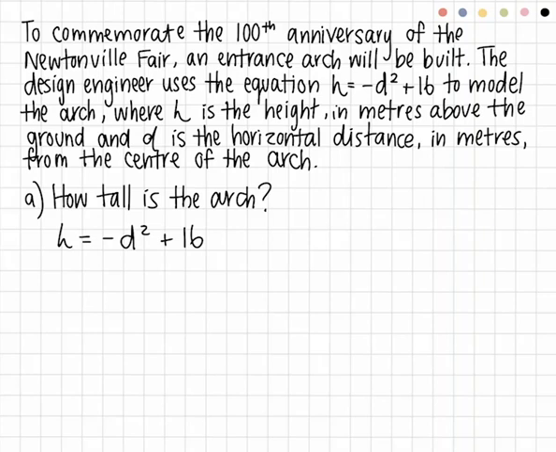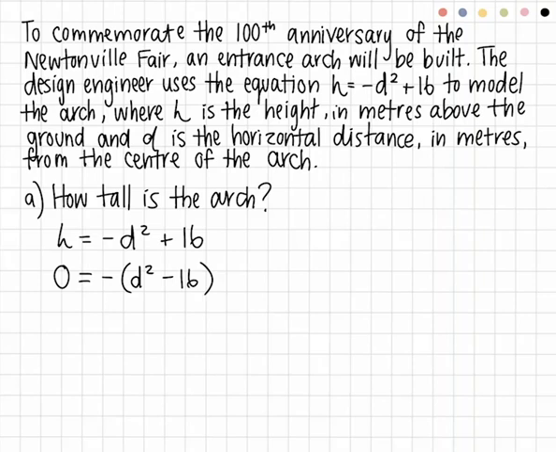But before I point it out, if we were going to be finding how tall the arch was, that means we'll be finding the vertex. And in order to find the vertex, we have to find the x-intercepts, right? So I'm going to set y equal to 0, or in this case it's h. I'm going to factor out that negative. So I'm left with d squared minus 16.